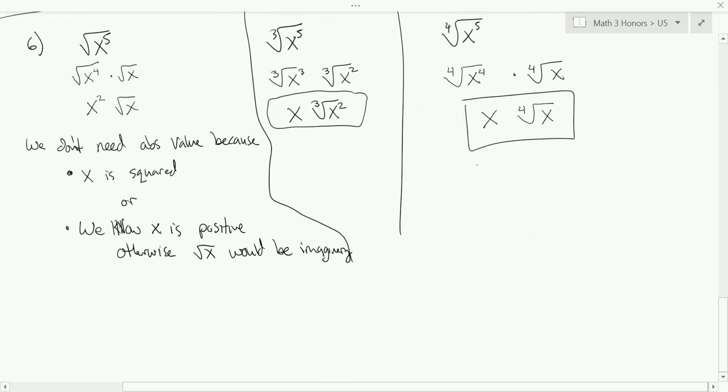And I'll even write that. So don't need absolute value. We know x must be positive in this problem.